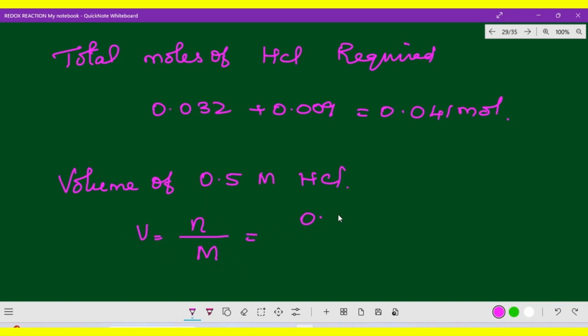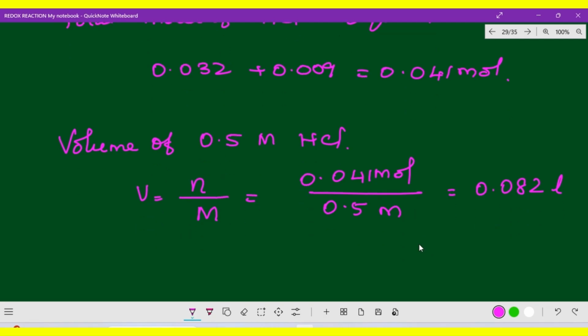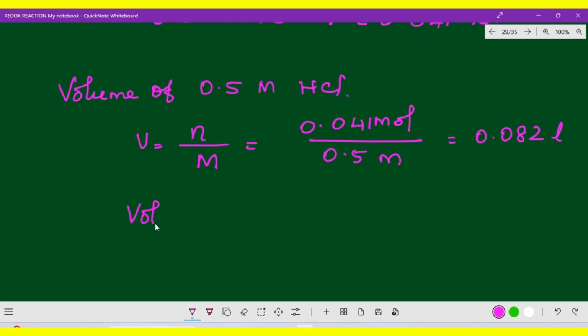Here 0.041 mole divided by 0.5 molarity, so you will be getting 0.082 liter. In ml, that is 82 ml, right? I hope you got the clarity.